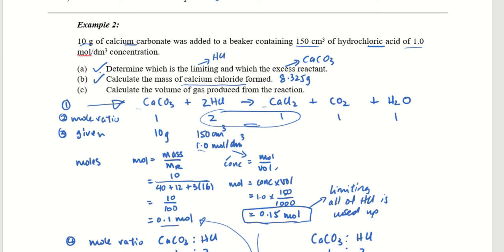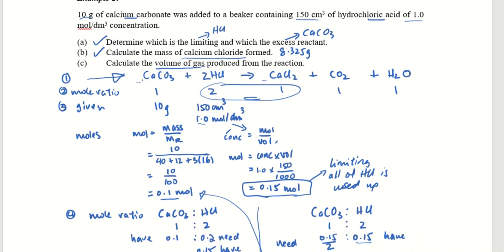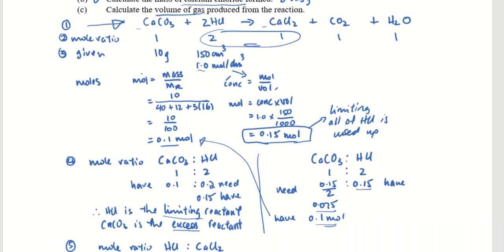So we now take a look at part C and calculate the volume of gas produced from the reaction. Okay, now in order for us to determine the volume of carbon dioxide formed, we again turn back our attention to the mole ratio. The mole ratio of hydrochloric acid, which is the limiting reactant, to carbon dioxide is 2:1.